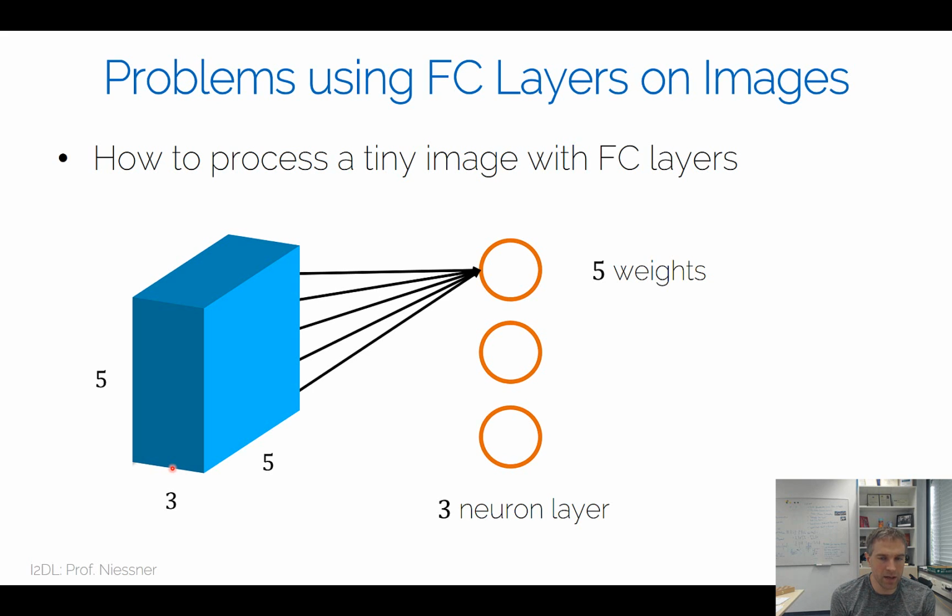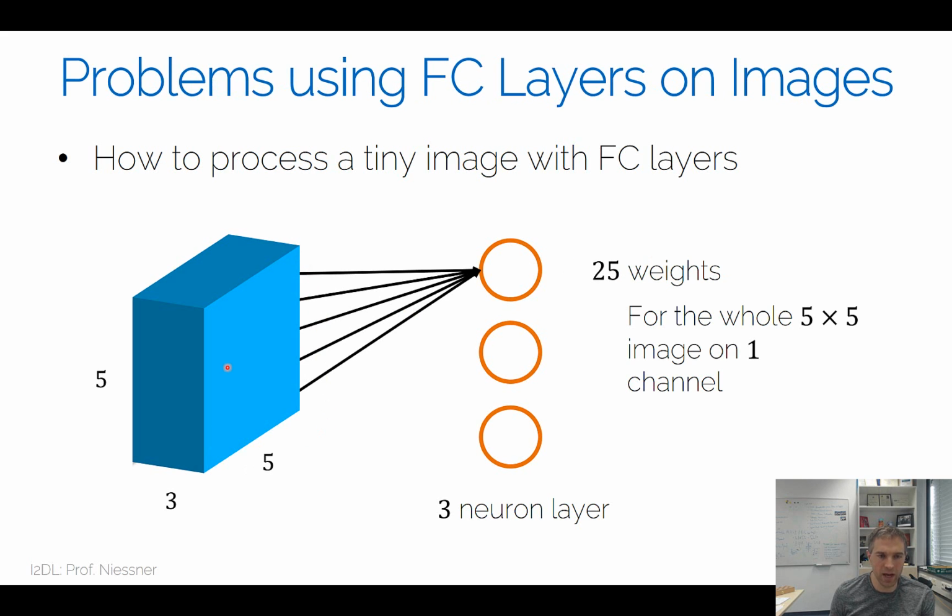It has 3 channels. This is the depth in a sense because it has RGB colors, so 1 channel per color. And if we're running a neural network layer with 3 neurons, and we just take one axis here, we would have 5 weights if we just go one dimension. But of course, we are doing this for the entirety of the image. So in fact, we're having 25 weights to just take one slice of this image. So we have 25 weights for the whole 5x5 image, but we're using only 1 channel. Every pixel here is connected with this neuron, meaning we have in total 5x5 weights.